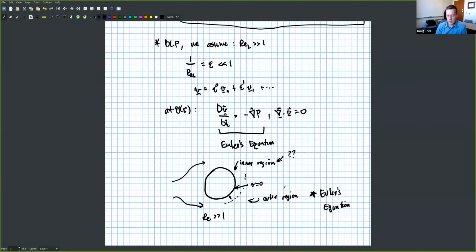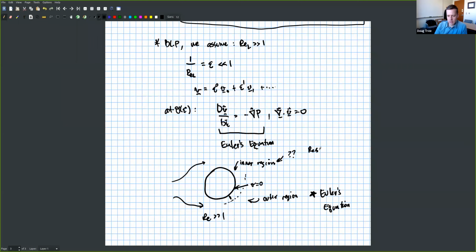So do you remember how we went about doing that? What did we do when we wanted to do something for the inner region? Okay, so in the inner region, we had to rescale.